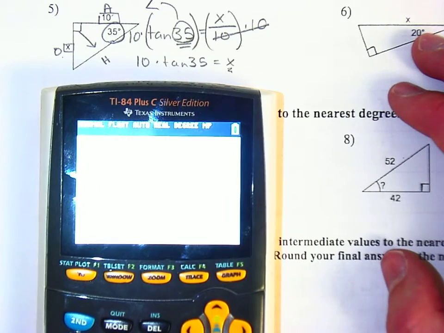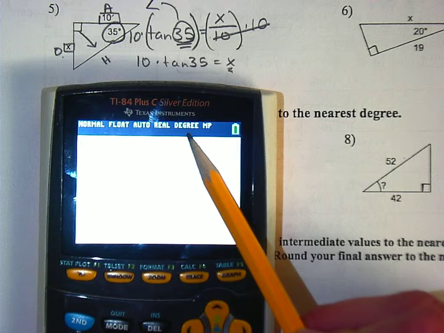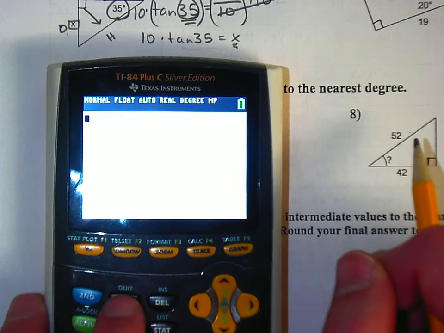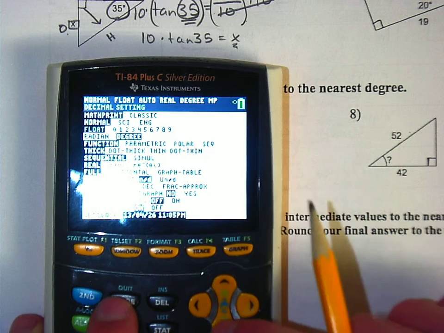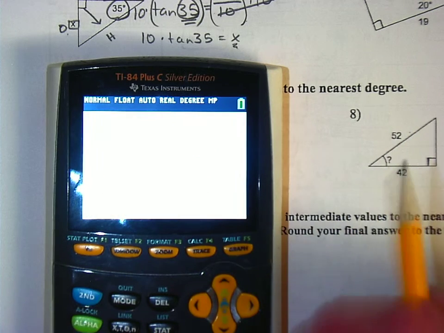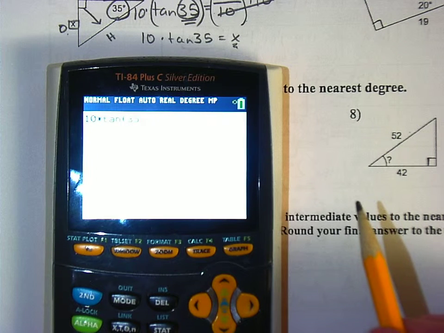I'm going to my calculator and I'm making sure that I'm in degrees. Notice I am in degrees. If I weren't in degrees, I would hit mode and go down and just select degree. But I'm already in degrees. I'm just going to type in 10 times the tangent of 35.